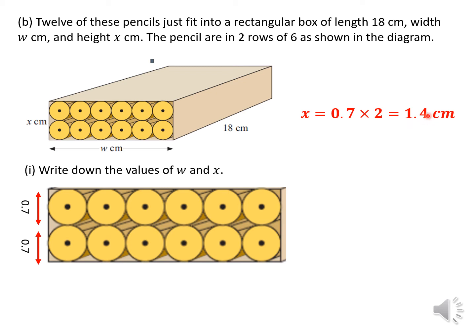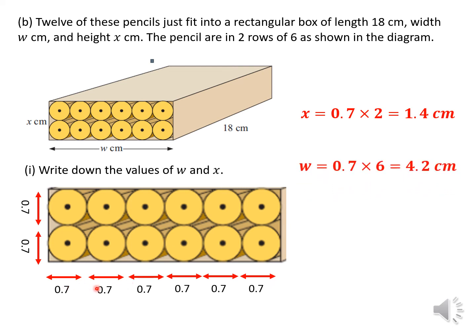And if I want to find W here, I'll just have 0.7 plus another 0.7 plus another 0.7, because these circles are touching and the diameter goes right through, plus another 0.7, and the last one here. And you'll realize they are all together 6. So I'm just going to simply multiply by 6. That gives me the value of X and the value of W.